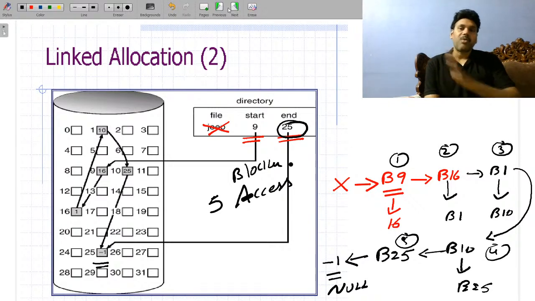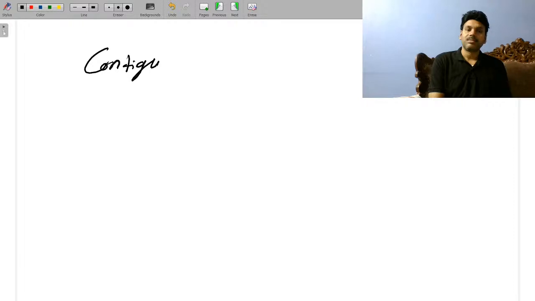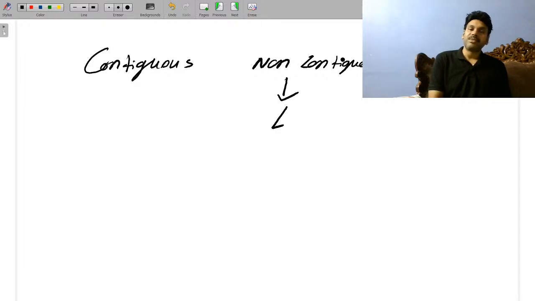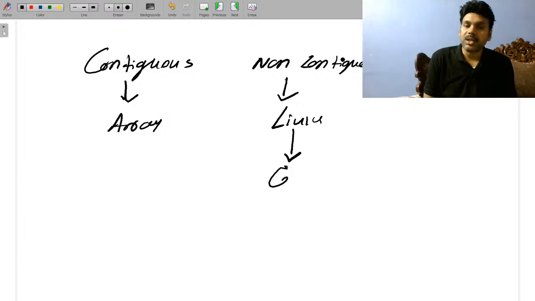So in order to avoid these problems, first we have seen the contiguous concept. Then the second one is the non-contiguous concept. Non-contiguous is based on links and contiguous is based on an array. Now I said it is a complex structure.